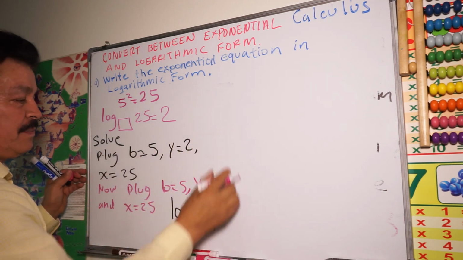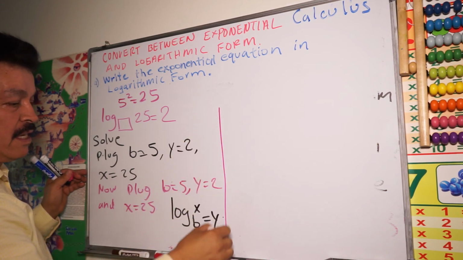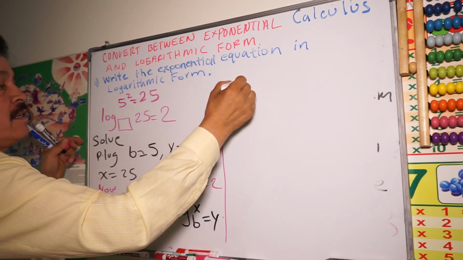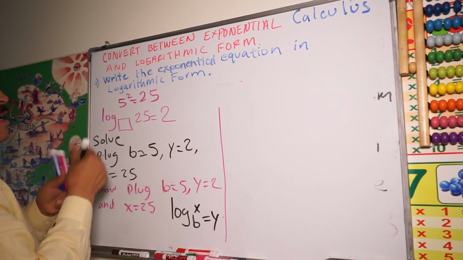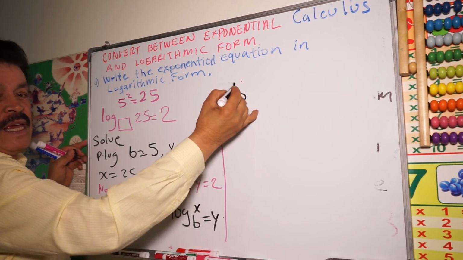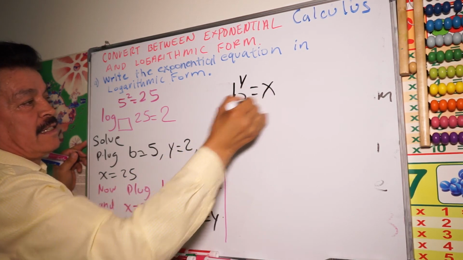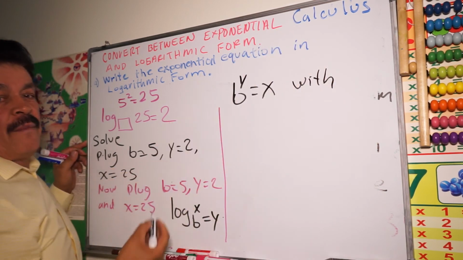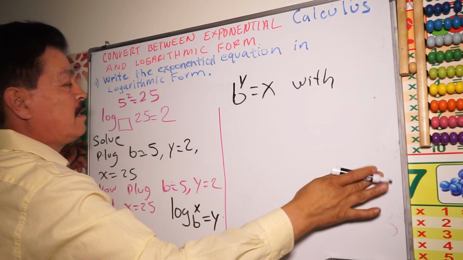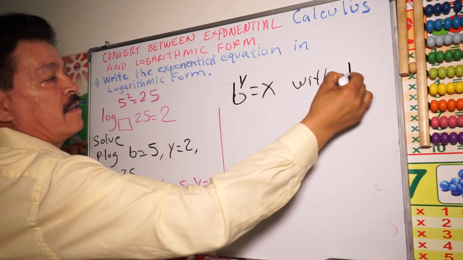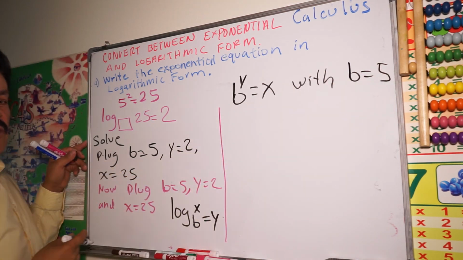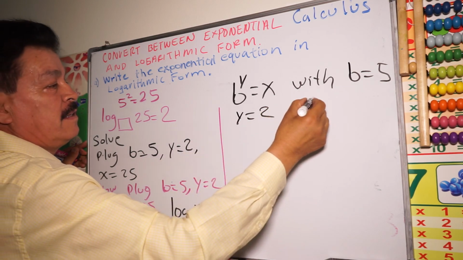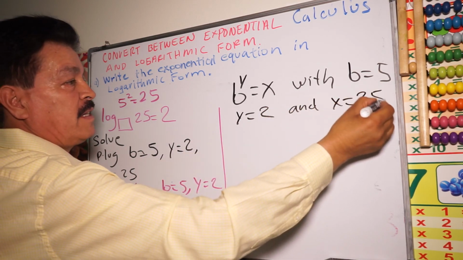Let's look at this question here. B^Y equals X, with B equals 5, Y equals 2, and X equals 25, right?